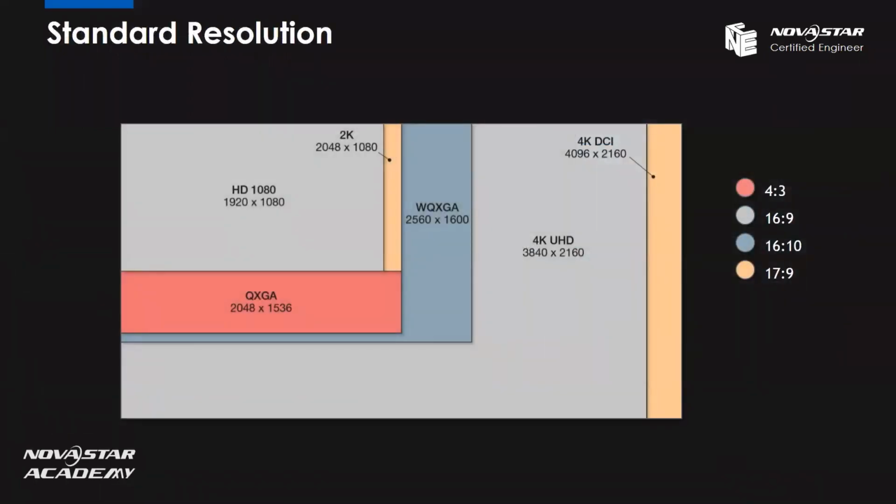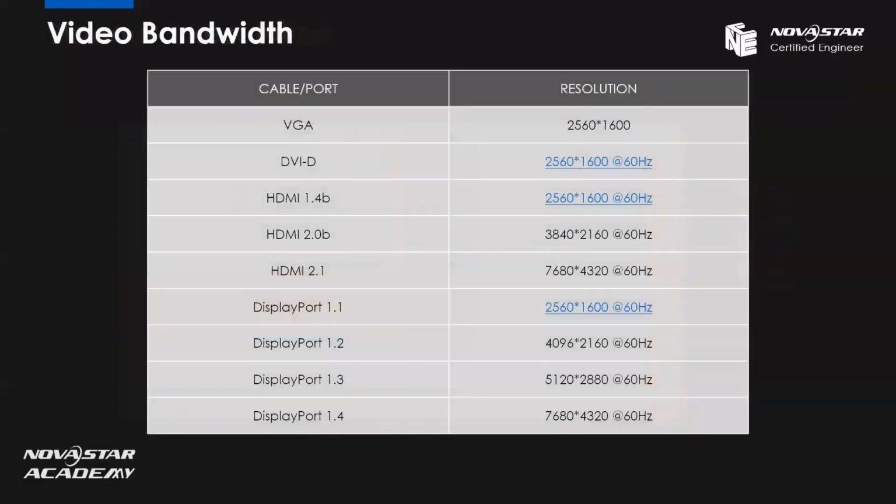With the development of this industry, the pixel pitch is becoming smaller, so the resolution of the LED screen becomes higher and higher. In this picture, we show you some common standard resolutions from Full HD to 4K. Also, bandwidth is very important in the video industry.